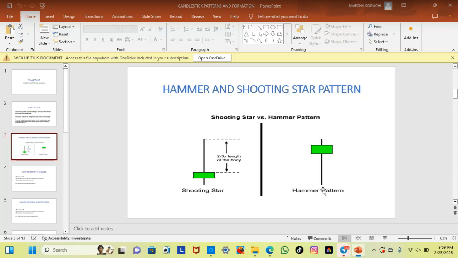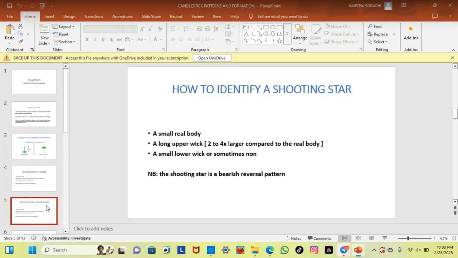The next one here is the shooting star. You see that the shooting star is the opposite of the hammer pattern. So how do you identify the shooting star? First of all, it has a really small body.